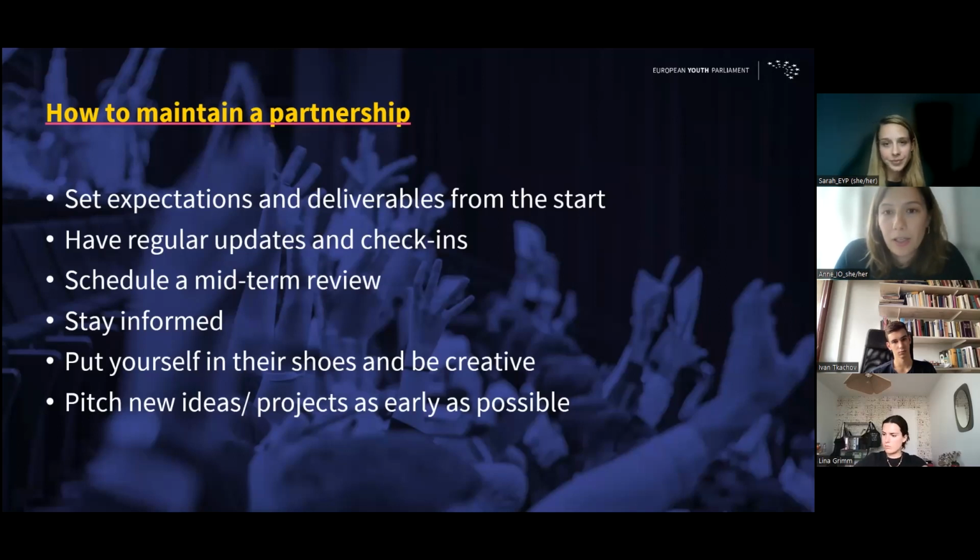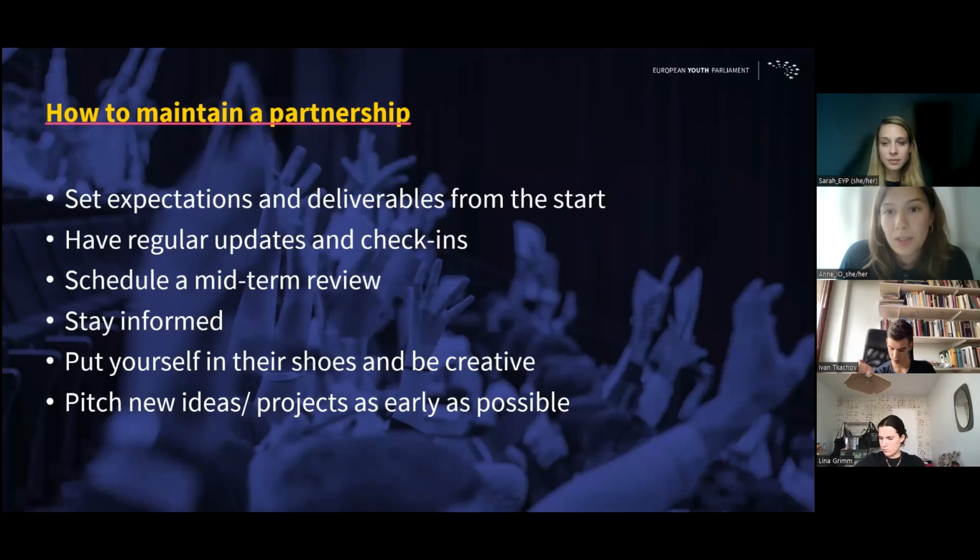And then a general rule of thumb is also that if you have a good relationship to a partner, it is worthwhile to pitch new ideas or projects quite early during the partnership. Obviously not before the main deliverable of your partnership has taken place.